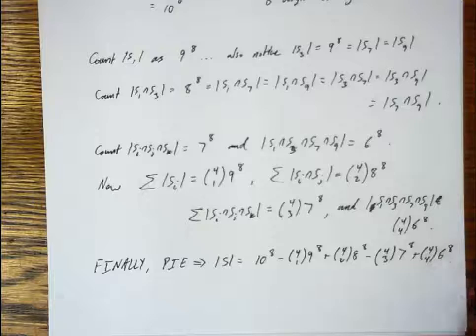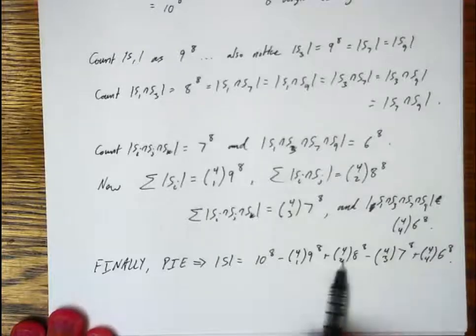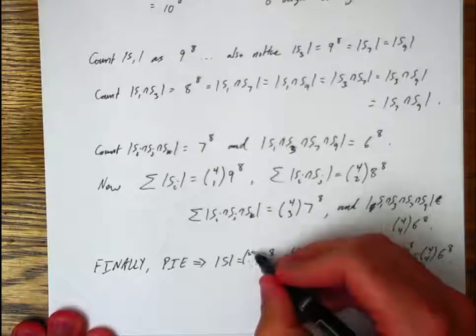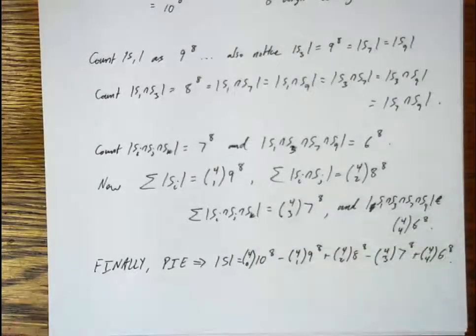And that's it. And notice here there's a 4, a 3, a 2, a 1. It would stand to reason that there is one way to choose no properties, and that's my 4 choose 0.